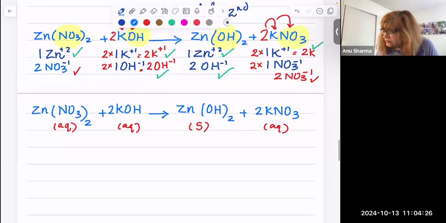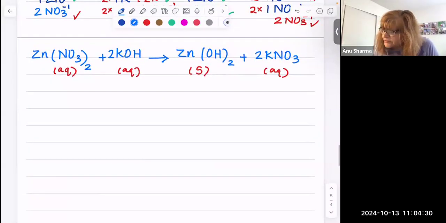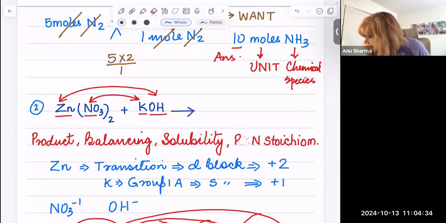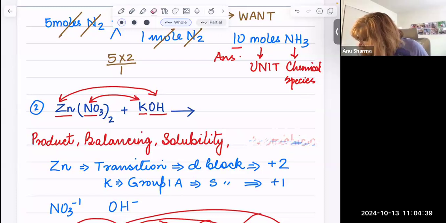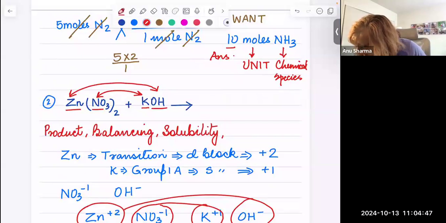Let's finish because the total ionic is more or less the same. Or let's finish the total ionic also. Solubility, let me just put this here. Reaction stoichiometry is the same as that. So you will have total ion solubility, and here is the ionic, right?